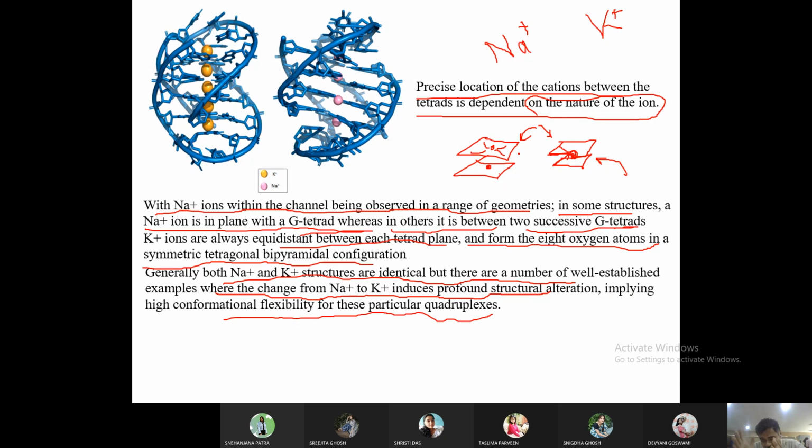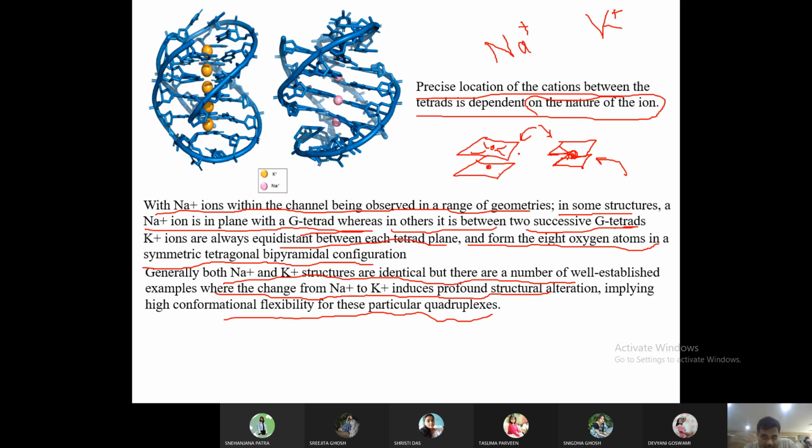Generally those quadruplexes stabilized by sodium stay stabilized by sodium, and those stabilized by potassium stay stabilized by potassium, but some can switch between sodium and potassium, and when they switch, we see a lot of changes in the overall structure of the quadruplex.